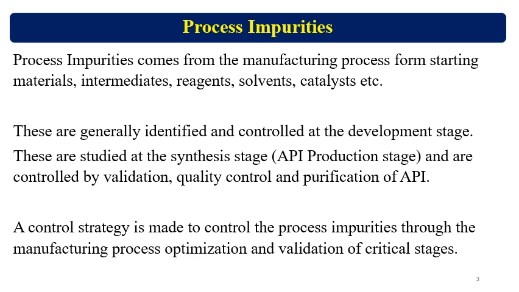These are controlled by the drug substance manufacturer through the validation batches, through quality control and purification of the API. These process impurities are required to be controlled at the validation stage, and the control strategy is required to be made to control the process impurities through the manufacturing process optimization, controlled parameters, and validation of the critical stages.